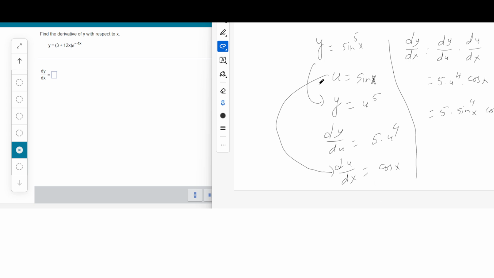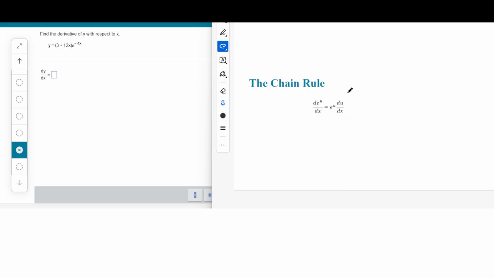So what we can do is, before we solve this problem, let's go back here. Whenever there is an exponential function, the derivative of an exponential function is the exponential function itself times the derivative of whatever comes in the exponent. So here, this problem can be written as y equals f of x times g of x.